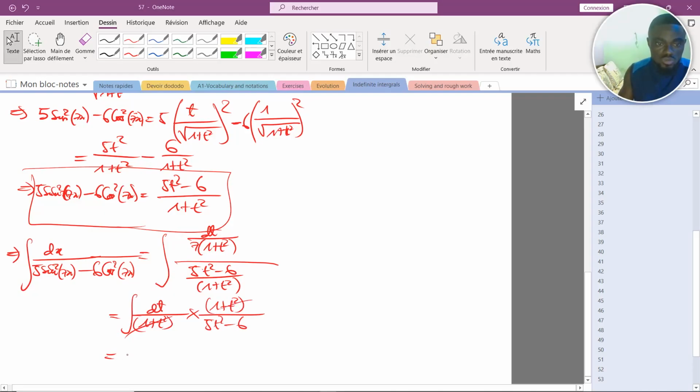Don't forget that there is a 7 outside here, so 1 on 7, there's a 7 dt here, don't forget. So this becomes 1 on 7 integral of dt all over 5t squared minus 6.